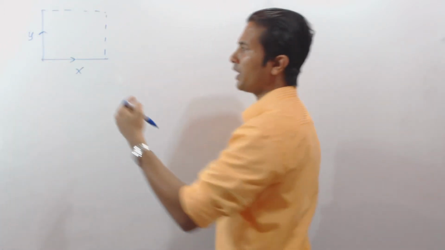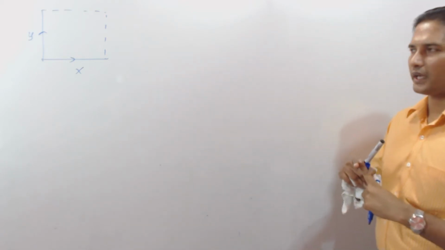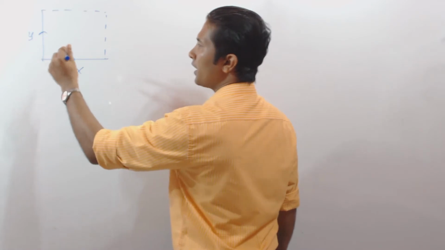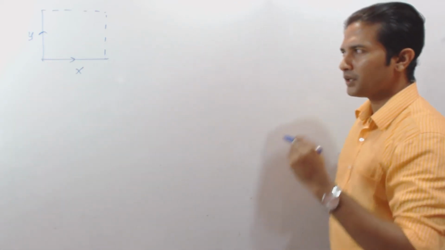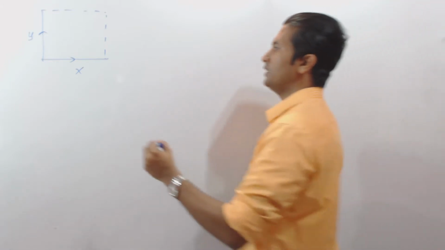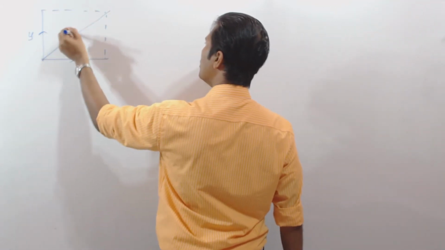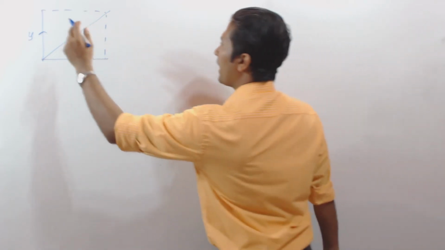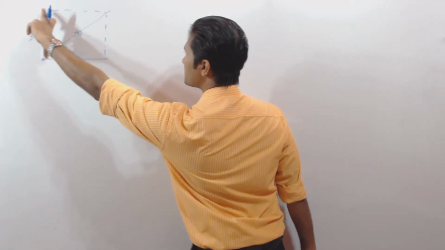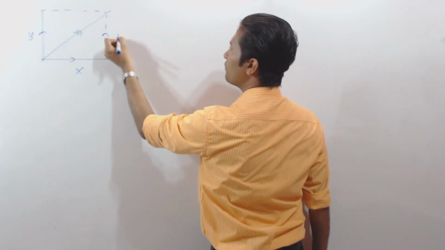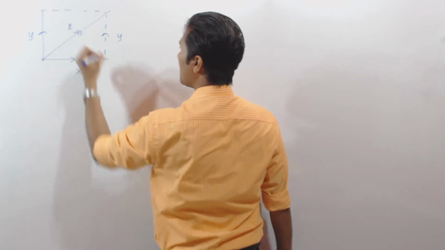So x and y are the two sides of the parallelogram. Then we know that the resultant is given by the diagonal which goes through the two vectors x and y. And as this distance is y, this should also be y, then this is r.